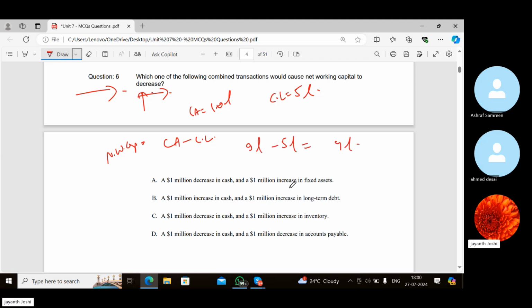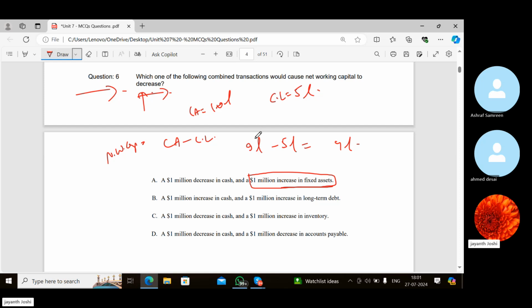And a $1 million increase in fixed assets: if you are increasing your fixed assets, it's not going to make any changes to your working capital, because fixed assets are not part of your working capital.